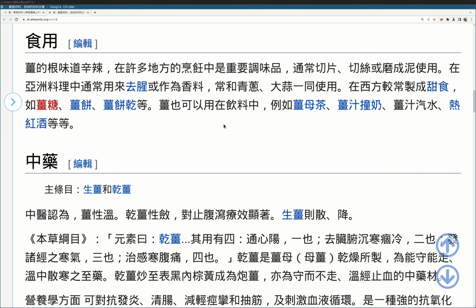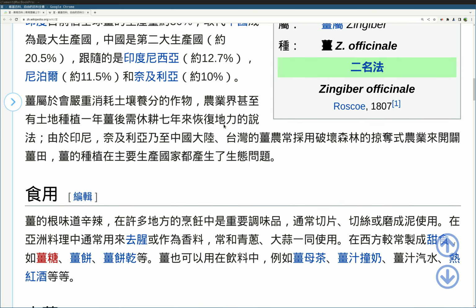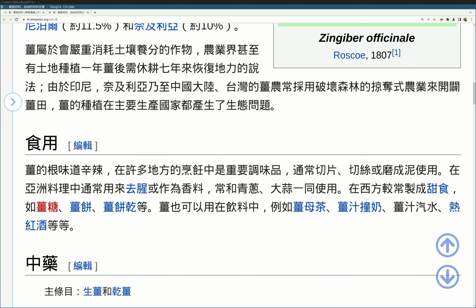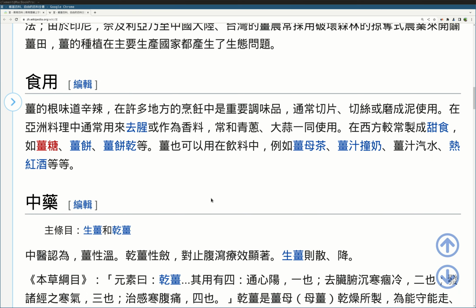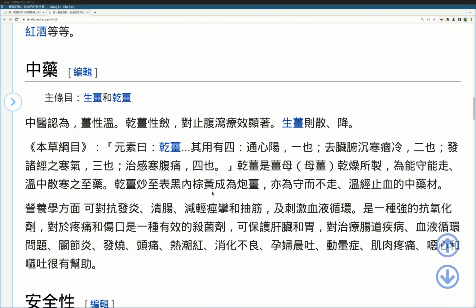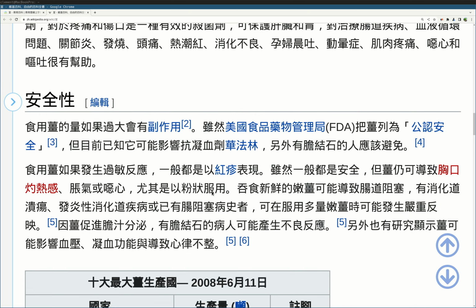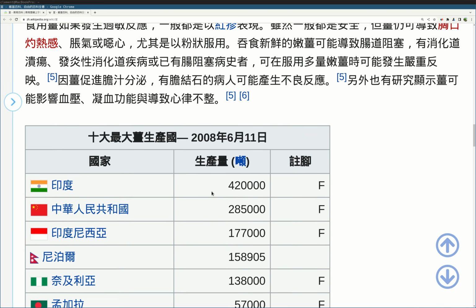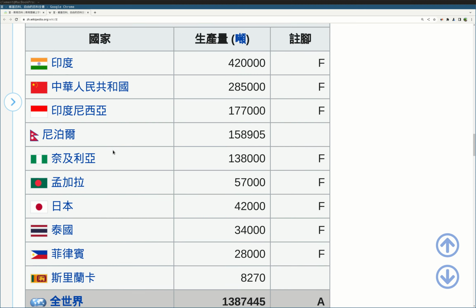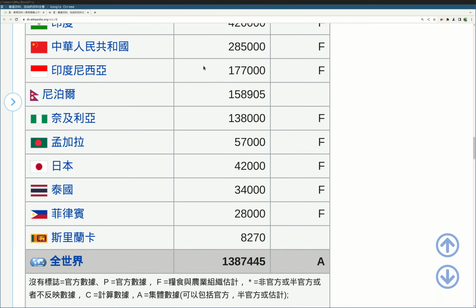And ginger is also used widely in the UK and Germany. At Christmas time, they have gingerbread, and because it can cure some diseases, it's very useful. So India makes most of the ginger.